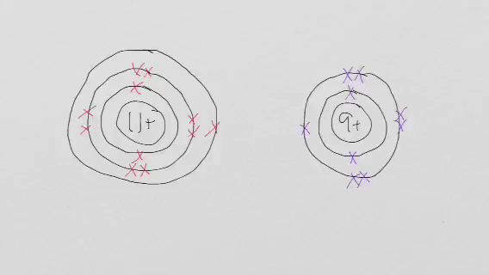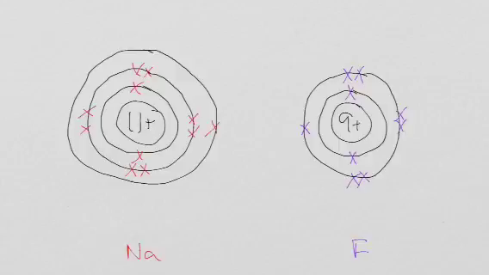So we have an atom of sodium here, and we have an atom of fluorine over here. Now let's look at their valence electrons. What is the maximum number of valence electrons you can have? 8, exactly.